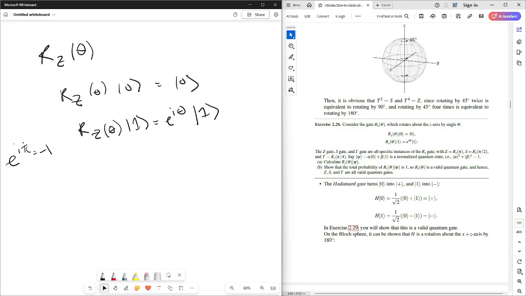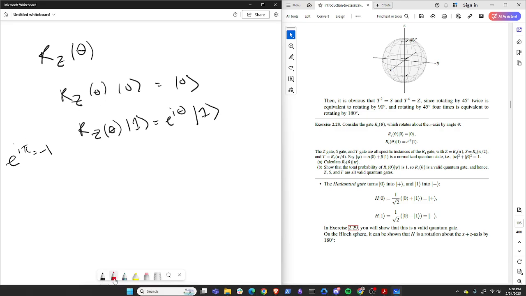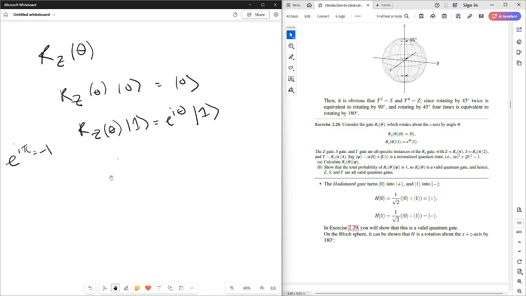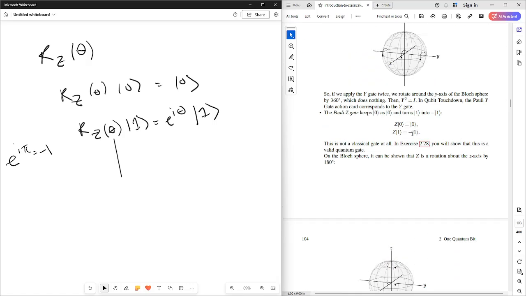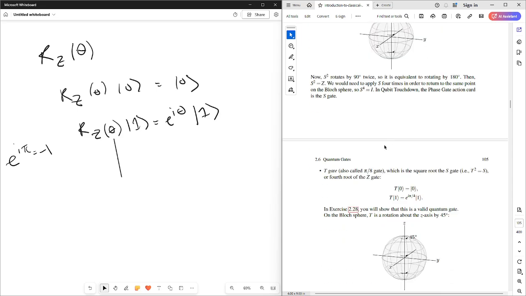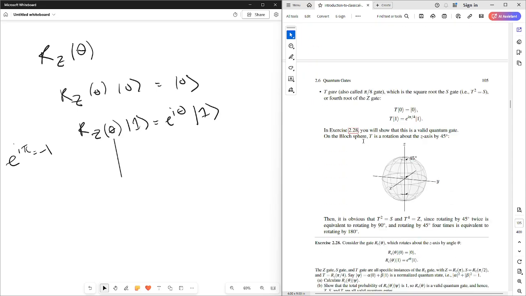Up here we saw that the Z gate turns beta negative, or applies a negative to the one state amplitude.